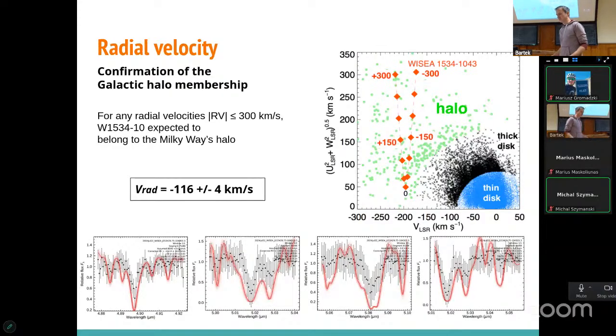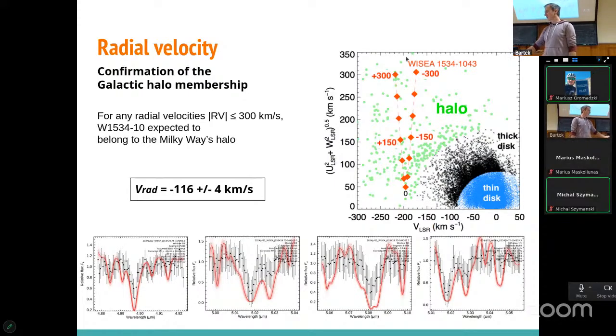So first, we tried to understand a little bit more about spectral morphology. The high-resolution spectra allowed us to determine the radial velocity, which was necessary to confirm whether it really belongs to the halo or not.